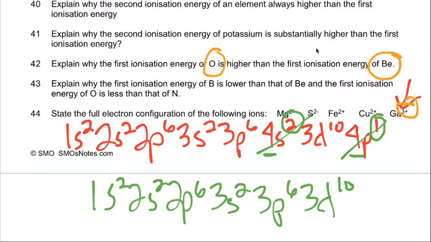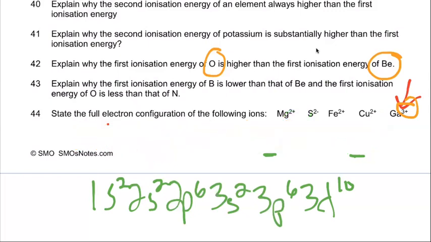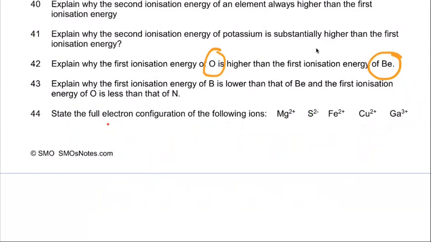Copper is going to be the same, but if you remember from last year, copper is one of our exceptions. I think it's copper and chromium. Yeah, copper and chromium are the 2 we learned last year whose electron configurations don't follow the rules.